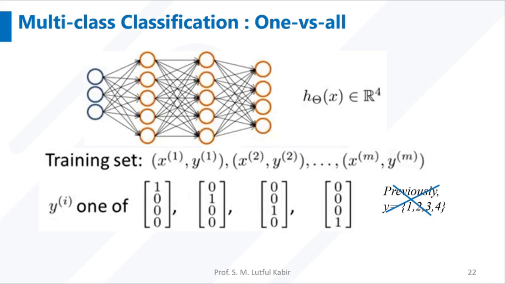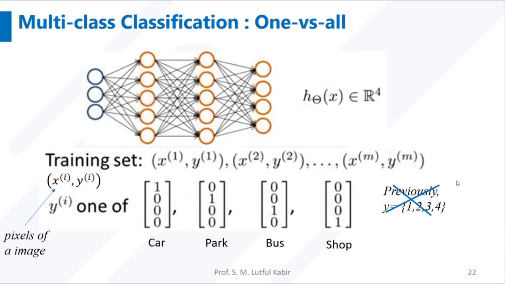Namely, yi will be either 1, 0, 0, 0, or 0, 1, 0, 0, or 0, 0, 1, 0, or 0, 0, 0, 1, depending on what the corresponding image xi is. So one training example will be one pair xi, yi, where xi is the image with one of the four objects, and yi will be one of these vectors.